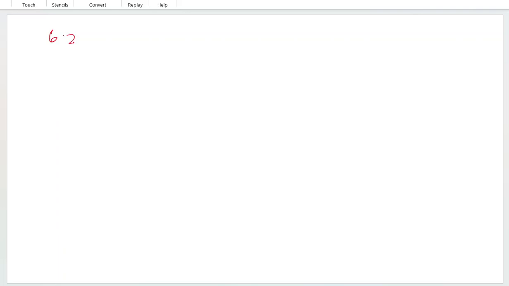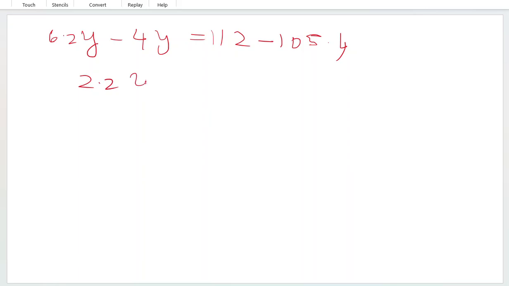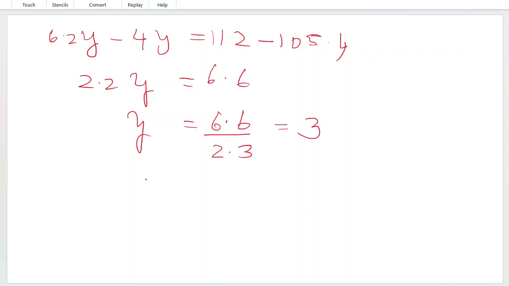So we now have 6.2y minus 4y is equal to 112 minus 105.4. So we have 2.2y, which is equal to 6.6, and therefore y is 6.6 upon 2.2, which is 3. This solves the problem.